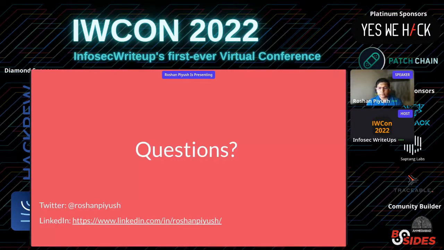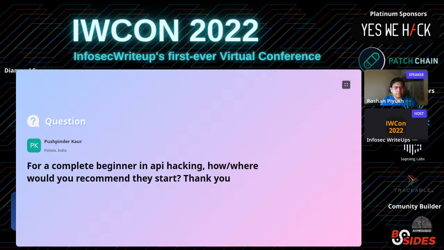For a complete beginner in API hacking, how and where would you recommend to start? This is a very interesting area. API hacking is nothing different from the web application hacking that existed before.